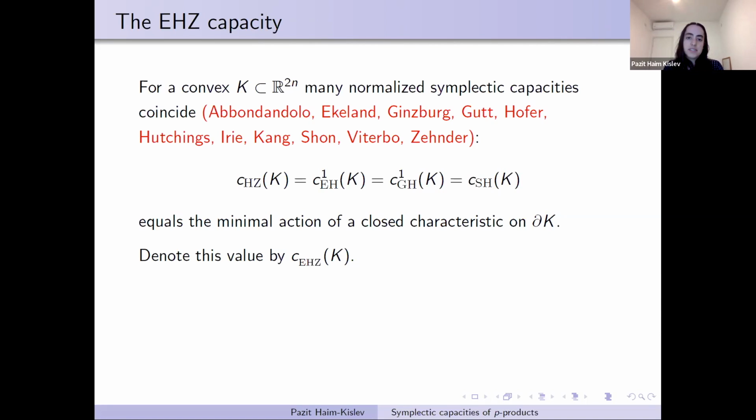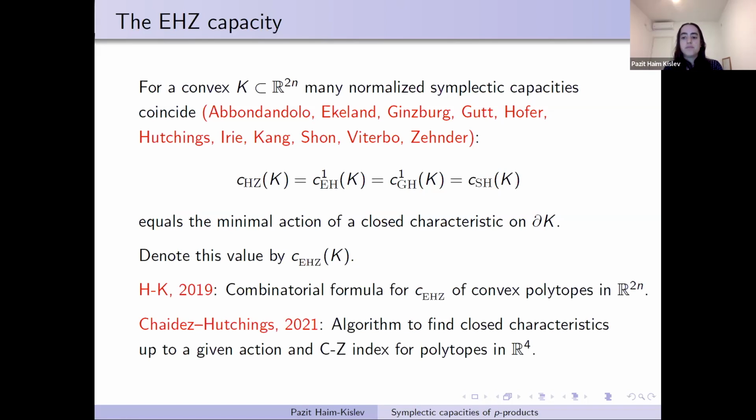Capacities are very hard to calculate, and we know their values only on selected examples. But in recent years, there have been attempts to calculate them for convex polytopes in R^2n.